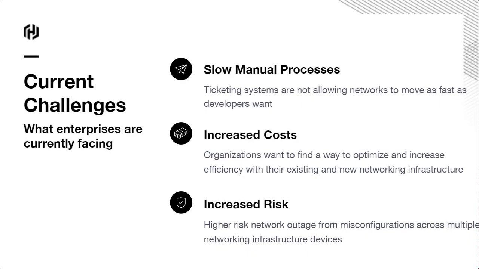So one of the reasons that we talk about this, and if you've seen some of our previous talks, is really the challenge we're hearing from customers is that they're experiencing this accumulation of tickets. Where they're having a lot of network operators focus a lot on these slow manual processes, and they're not being able to move as quickly as some developers would like.